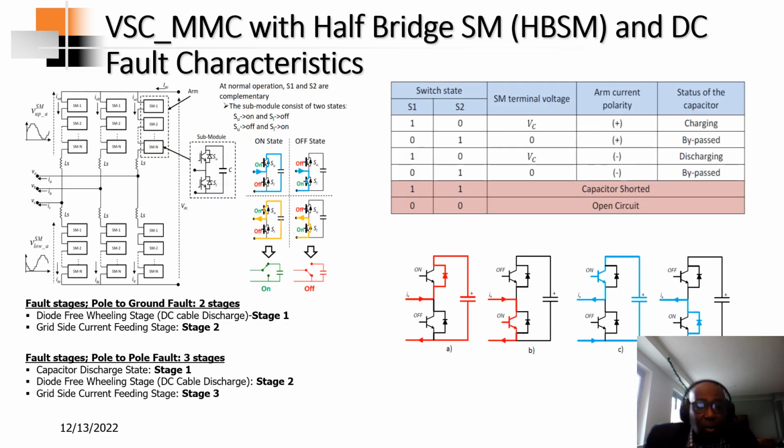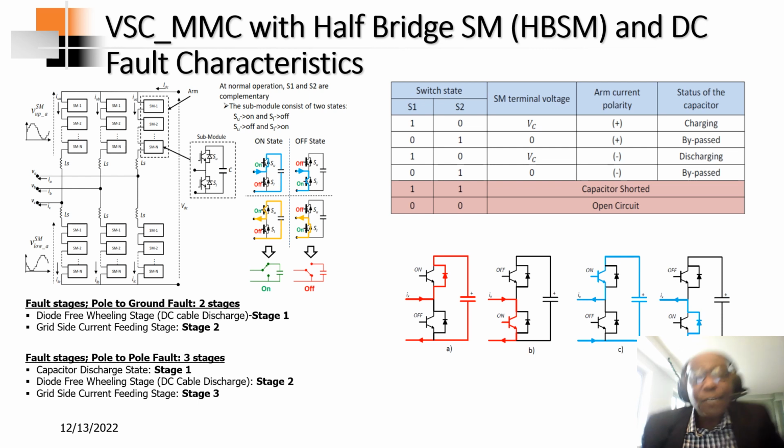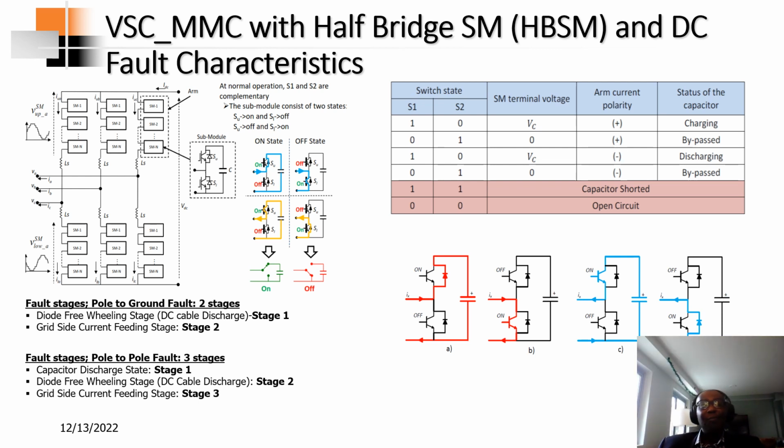Okay, so now let's talk about the fault characteristics of the half bridge. Remember, I made mention that the half bridge submodule is what I selected for this presentation, right? And let's talk about the DC fault characteristics. I think I did discuss with you the operating states of the half bridge submodule.